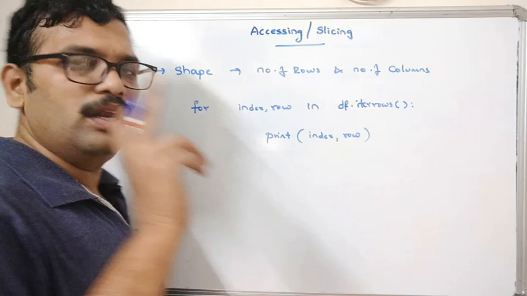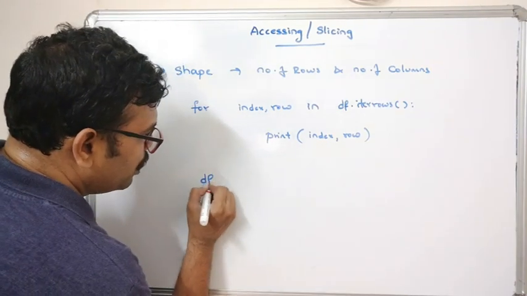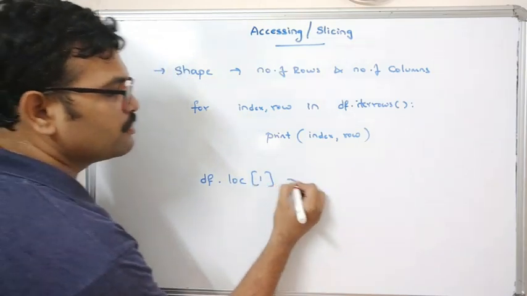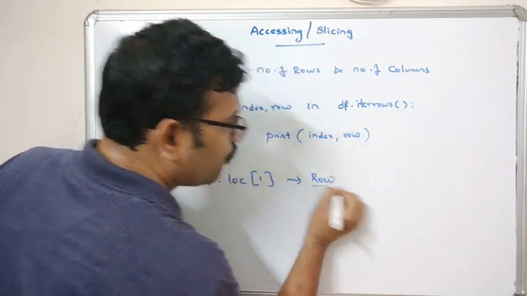If you want to get only one row, there is one more option called dataframe dot loc of 1. This will give a single row.